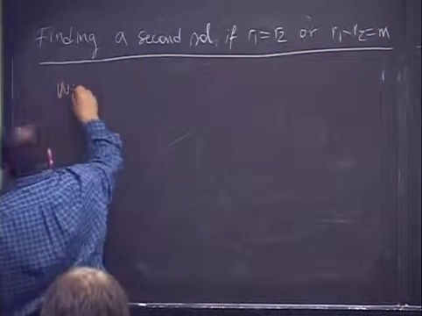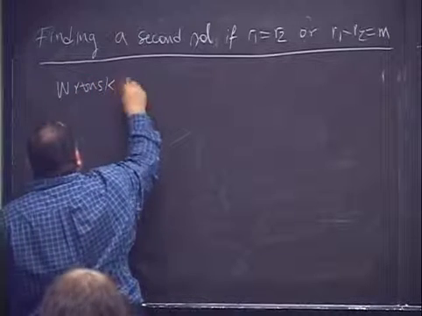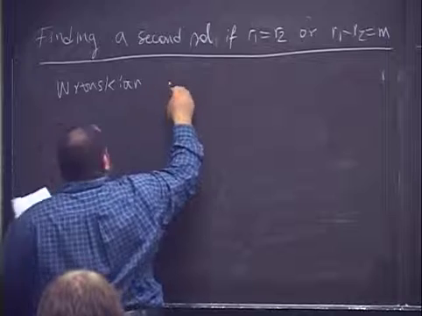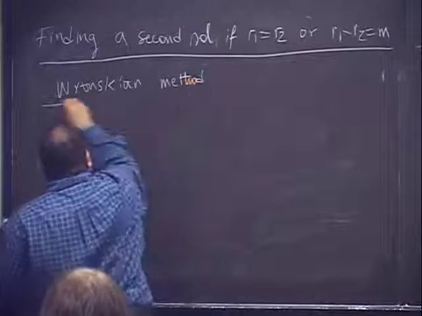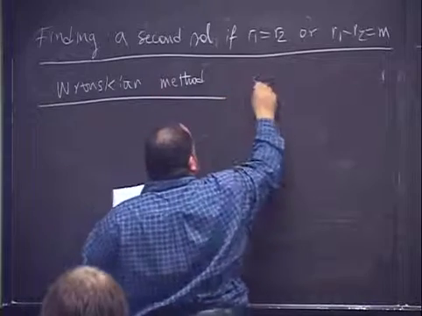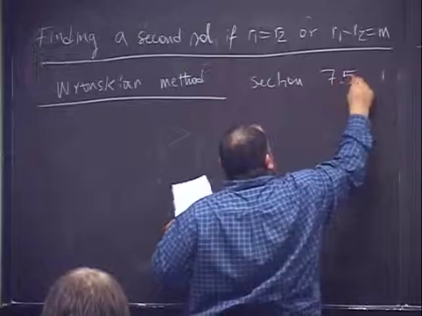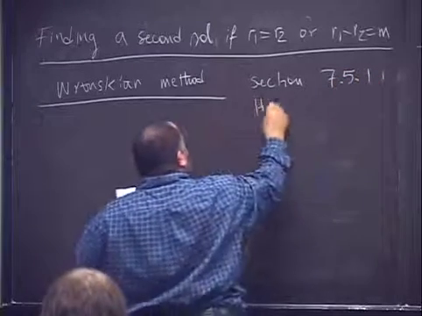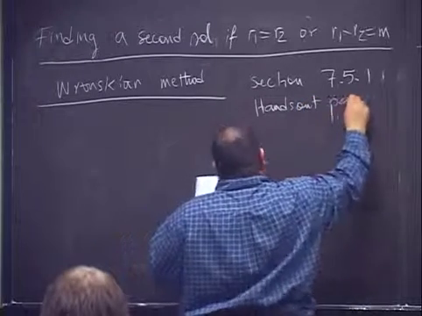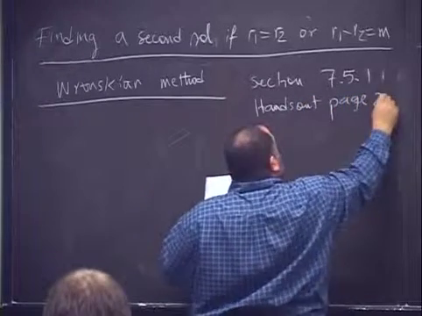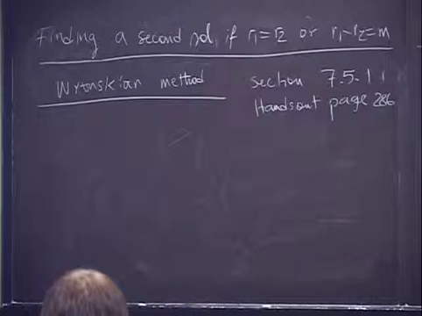So the first method is the Wronskian, and this is section 7.5.1 in the handout, page 286.